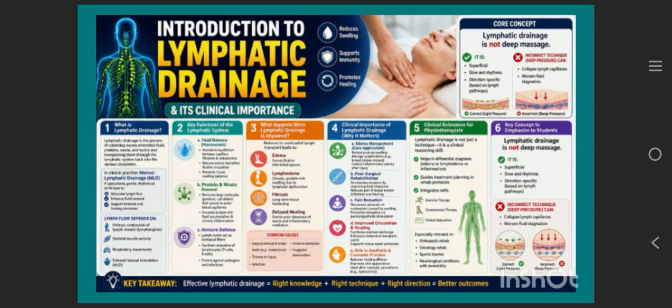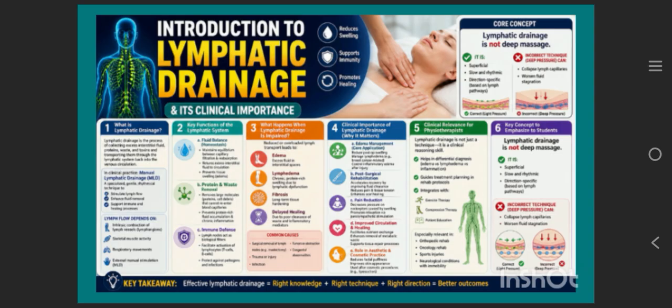It means that the body has a natural mechanism to collect and remove excess fluid that leaks out of blood vessels into the surrounding tissues, along with proteins, metabolic waste products, and toxins, and then transport this material through a specialized network called the lymphatic system back into the bloodstream, called venous circulation.